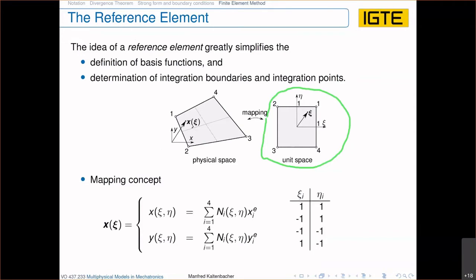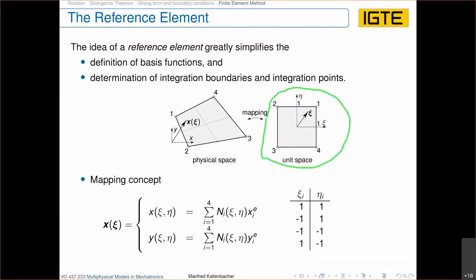Here we have the coordinate axes x and y, and each node x and y is expressed by xi and eta. We call xi and eta the so-called local coordinates, as we see here in the unit space. It's going from +1 to -1 in this unit space.